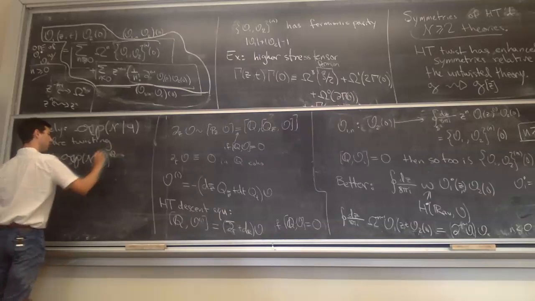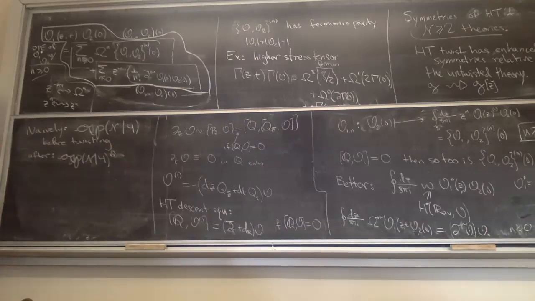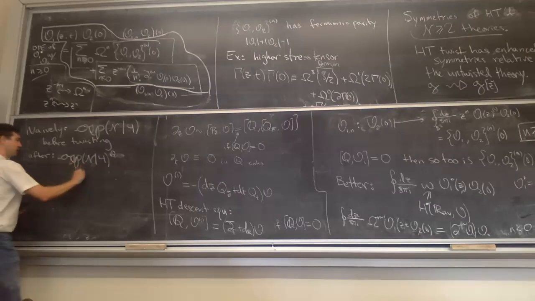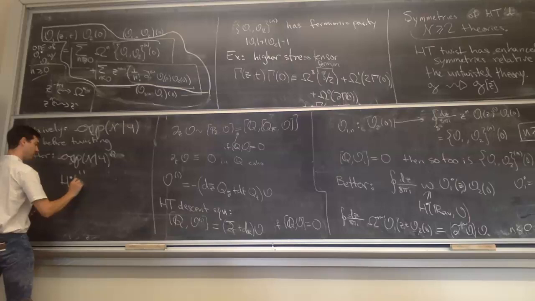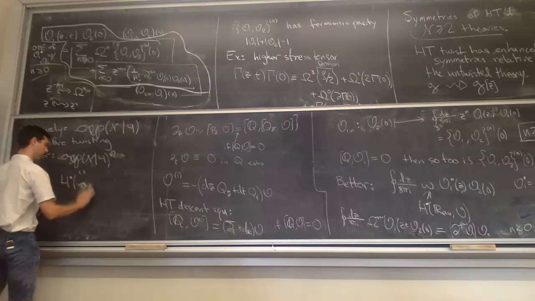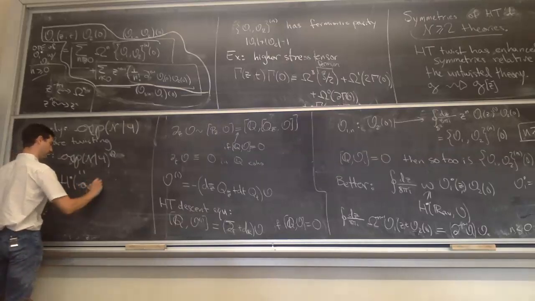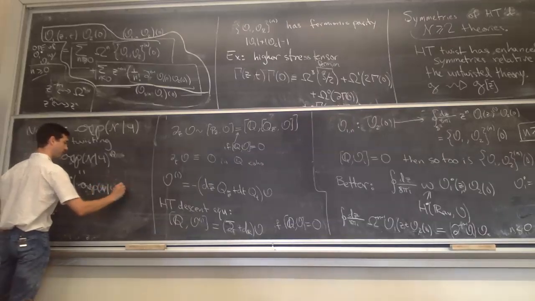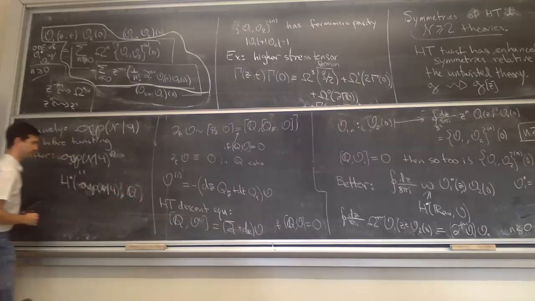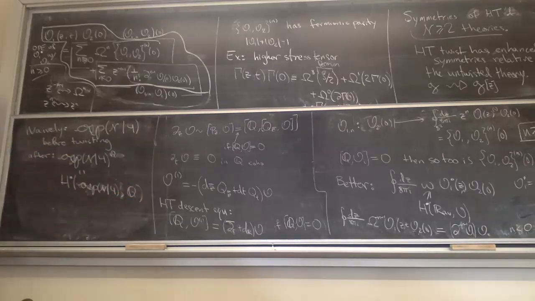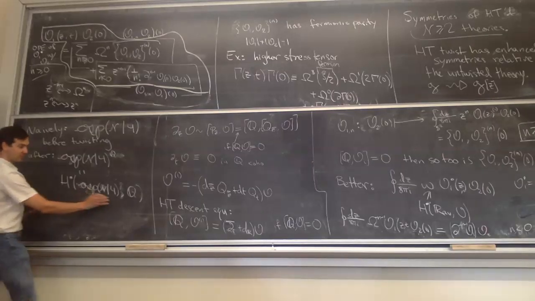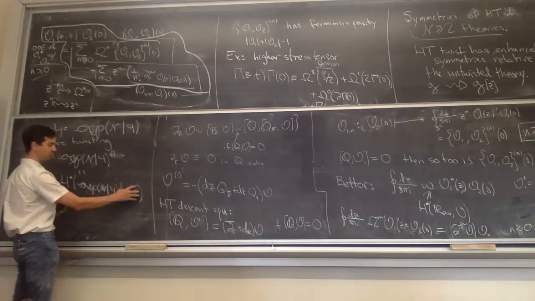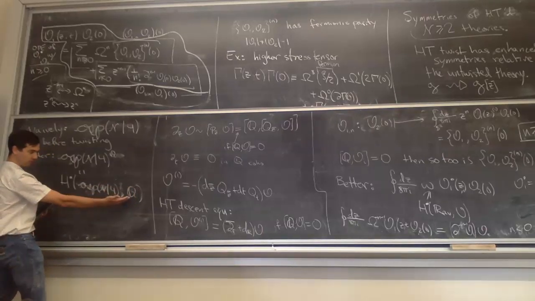Maybe I'll just call it Q as we did before. And what I mean by this is the cohomology of OSP n/4 with respect to this supercharge Q that we're twisting with. Not all OSP n/4 symmetries are going to commute with Q. The ones that commute will be Q-closed.